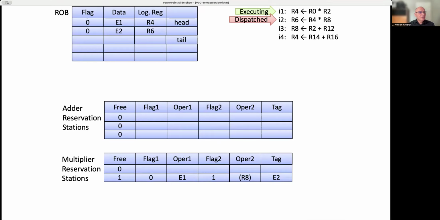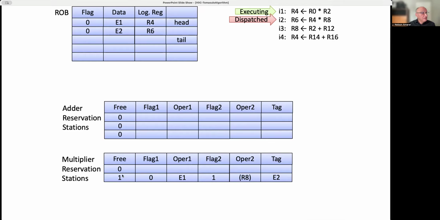Remember, the first instruction is a multiplication, so that instruction will already be in the multiplier. The second instruction is also a multiplication, but there is a data dependence on the first one. Because the first one is still executing, the second one is sitting in the reservation station for the multiplier. That is what that last entry in this table indicates.